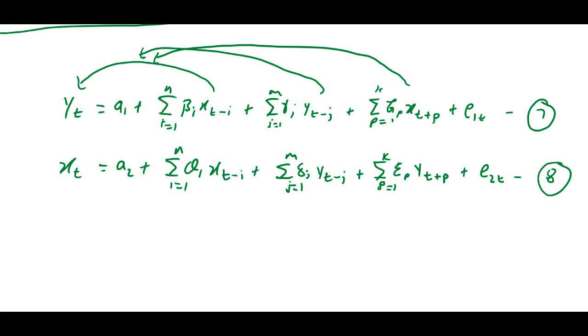How can the future value cause the current value? This is logically not possible, but why have we taken it? The basic idea is, if we find the values of zeta and epsilon significant, that means that the lead values have coefficients that are significantly different from 0.